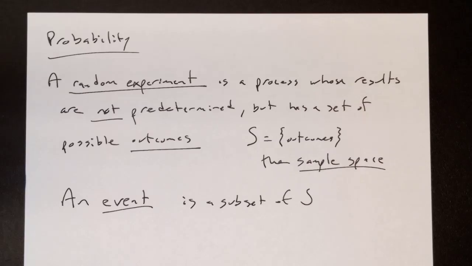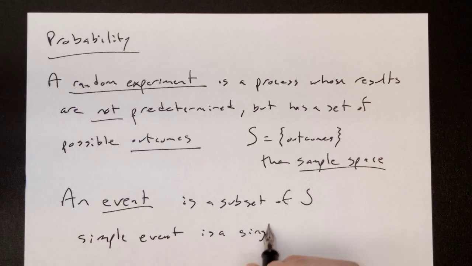An event is a subset of our sample space. A simple event contains one and only one outcome. So I could say pick a card, any card, and one of those cards, queen of clubs, right?